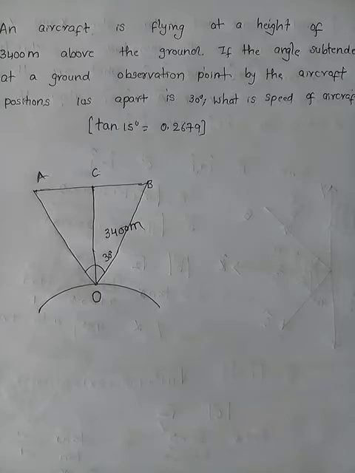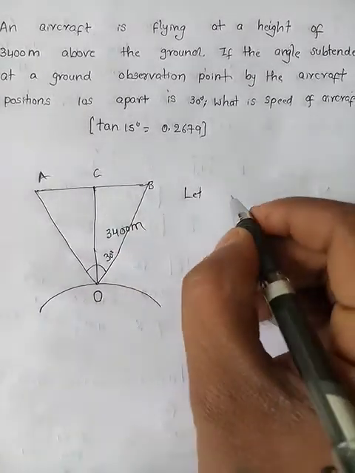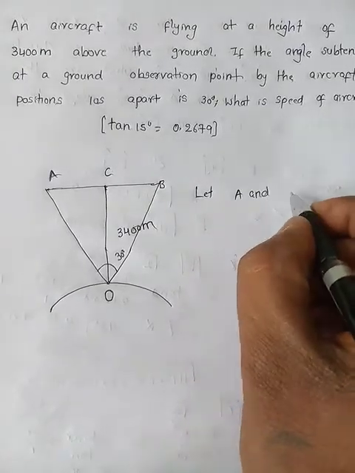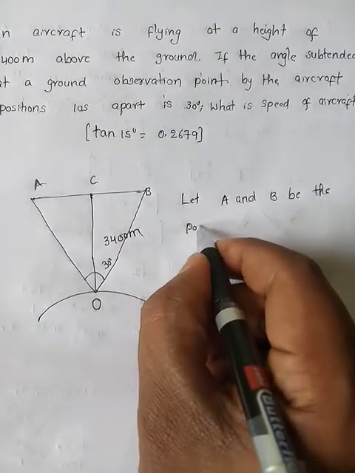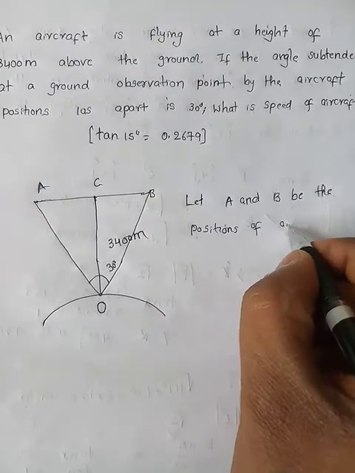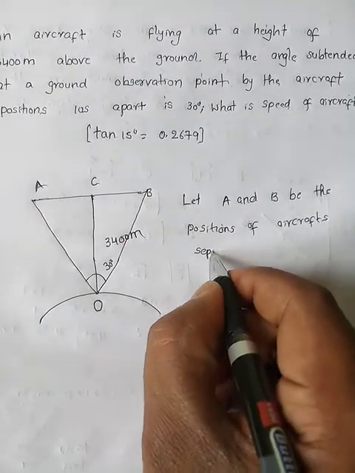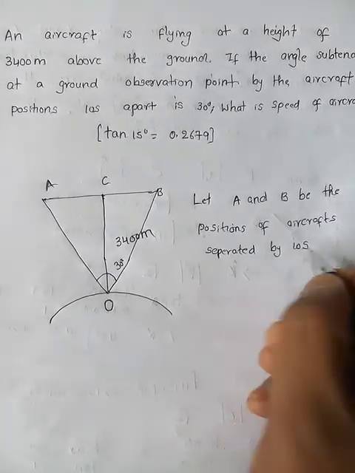Now we consider A and B, the two positions of the aircraft separated by 10 seconds. Let A and B be the positions of the aircraft separated by 10 seconds.